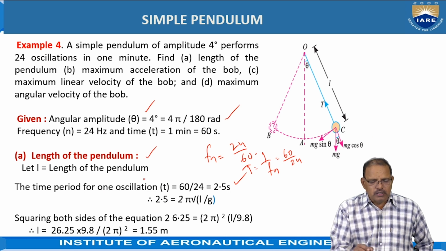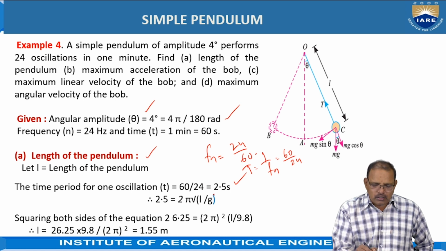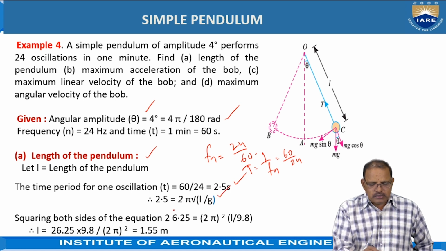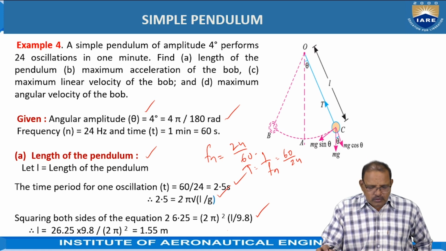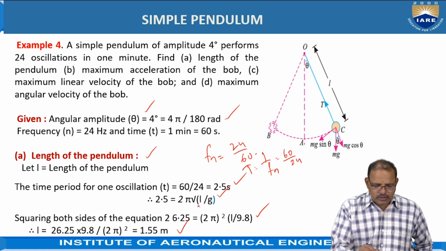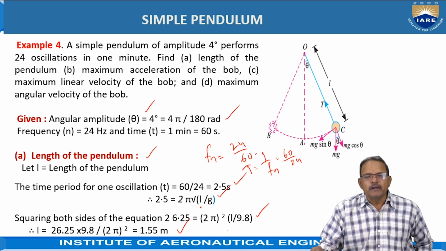The time period for one oscillation is given by T = 2 pi into the square root of L by g. Squaring on both sides and simplifying, we get 2.5 squared, which is 6.25, equal to (2 pi) whole square into L divided by 9.8. On simplification we get L = 6.25 into 9.8 divided by (2 pi) whole square, which is equal to 1.555 meters. That is the length of the pendulum, that is completed.